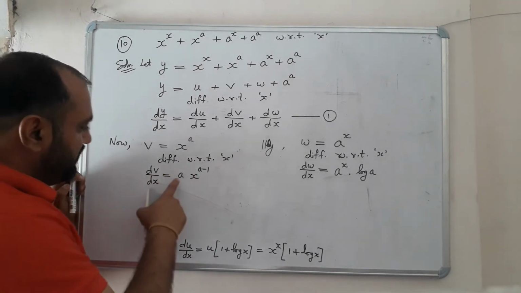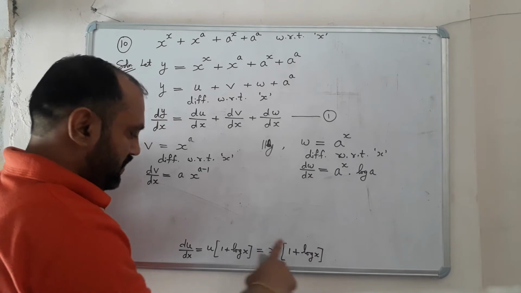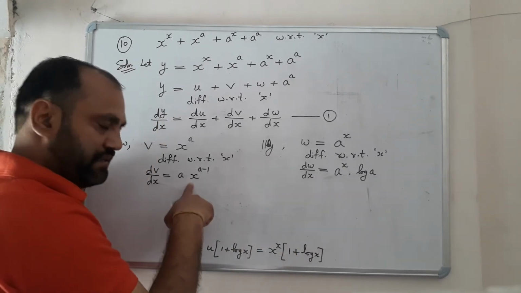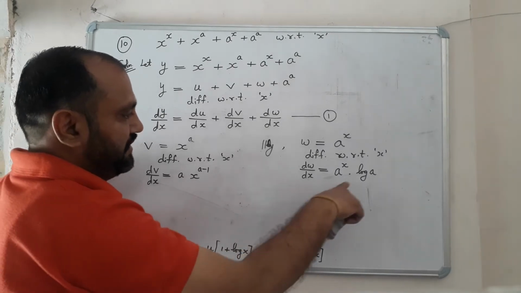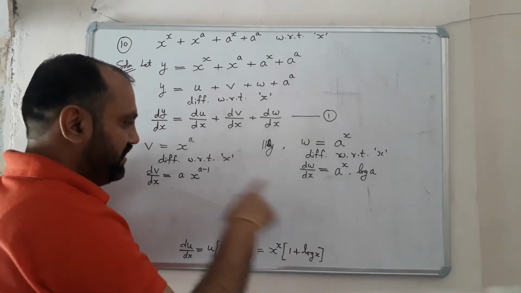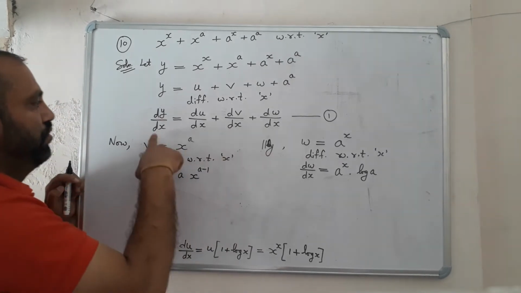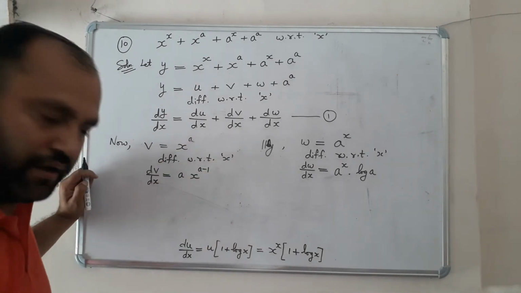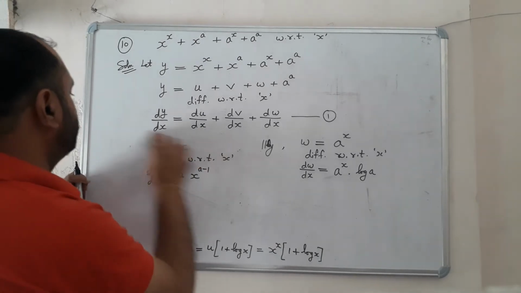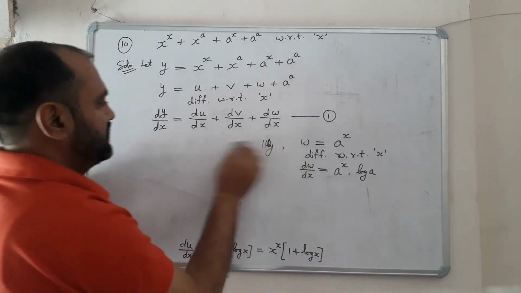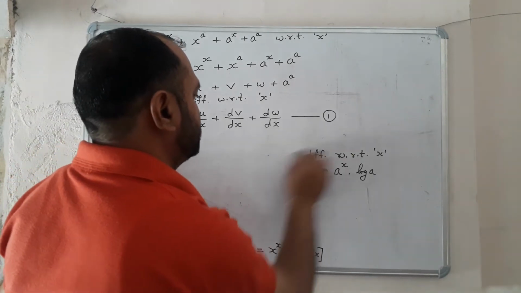When you put these values, du by dx की ये वैल्यू, dv by dx की ये वैल्यू और dw by dx की ये वैल्यू, जब आप इन तीनों वैल्यूज को इक्वेशन नंबर 1 में फिल करेंगे तो हमारे पास रिक्वायर्ड आंसर आएगा, right. So when we put all the values we have the answer.